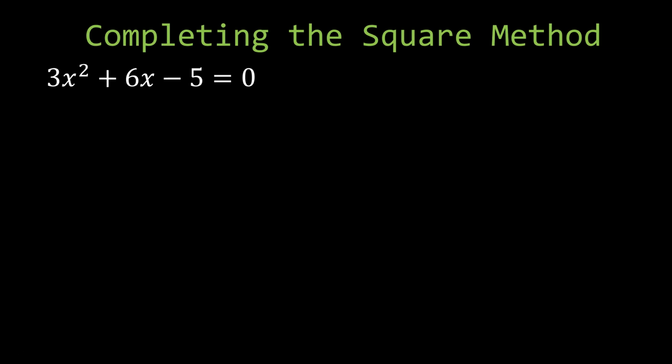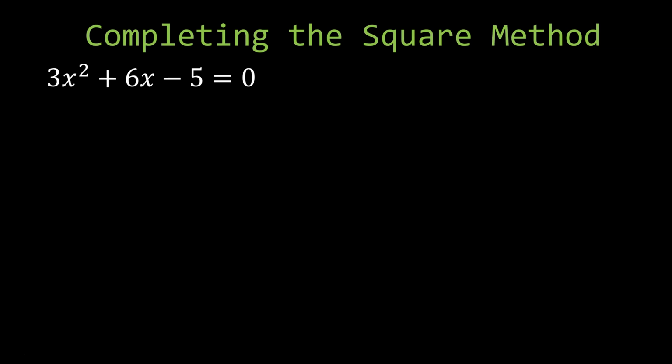Okay, so if something is not factorable, for example, 3x squared plus 6x minus 5 equal to 0. And make sure that it's not factorable because factoring would be your most efficient method. All right? So if it's not factorable, you have 2 choices.